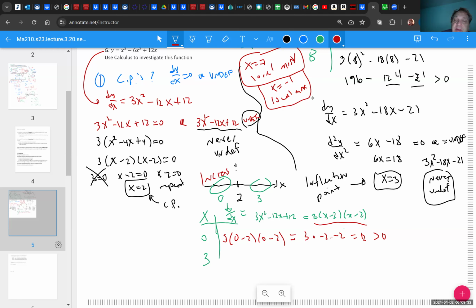And for x equals 3, I'm going to do 3 times (3 minus 2) times (3 minus 2). So that is 3 times 1, which is 3, which is greater than 0. So it's also increasing. All right, well, increasing and increasing is not a local min or a local max. So this has got to be an inflection point.